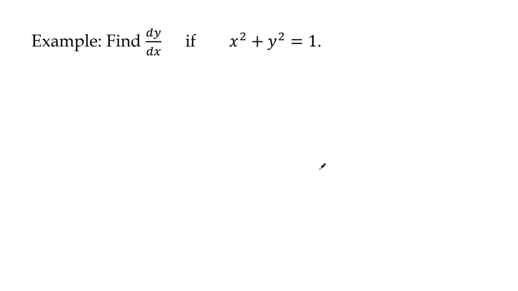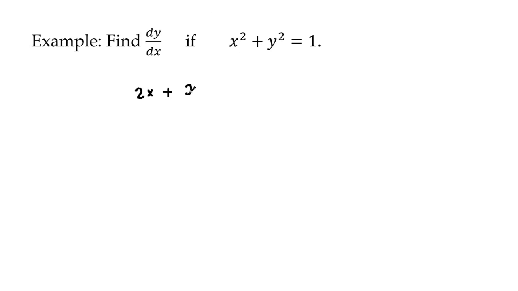Find dy dx if x squared plus y squared equals 1. Take a look at this equation right here. We want to differentiate both sides. So the derivative of x squared is 2x. And here, notice that y is a function of x, so this is really f of x to the power 2, and we have to apply the chain rule.